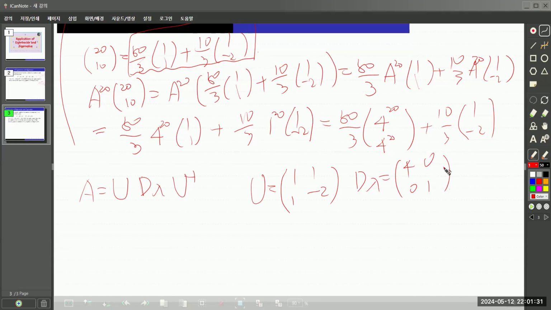Then you determine A to the 20, and for many initial vectors, you just multiply, and then you can guess the numbers of computers and dogs. So this is another method to guess the numbers of computers and dogs in certain years.